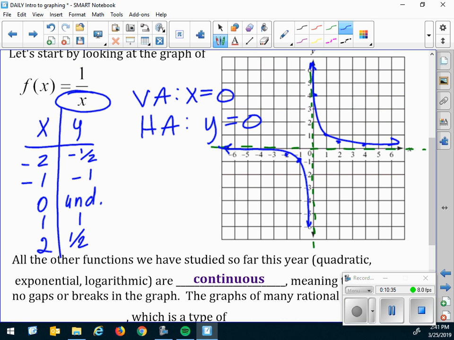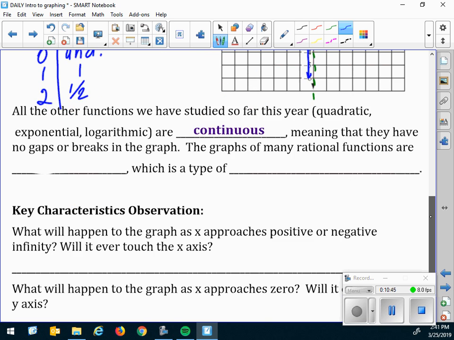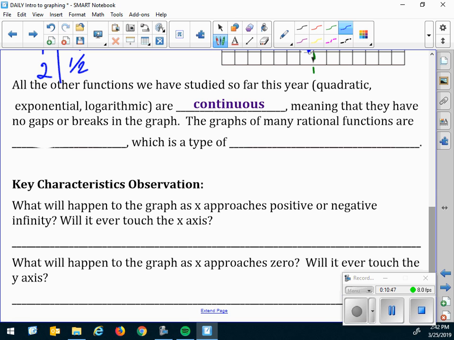If I start here, I graph and graph and graph. How do I get over here? You just go around. I have to lift my pencil. When you have to lift your pencil, the graph is discontinuous.